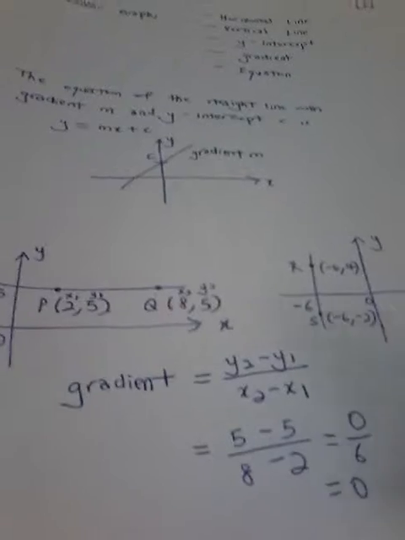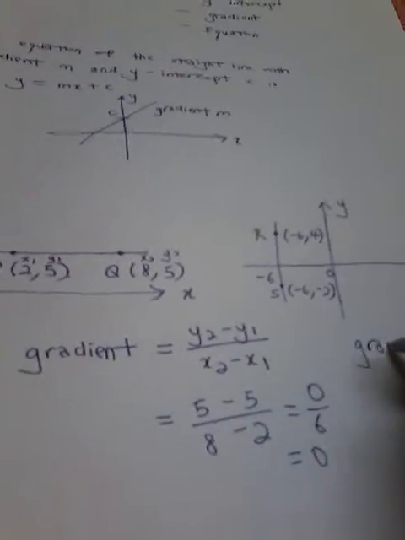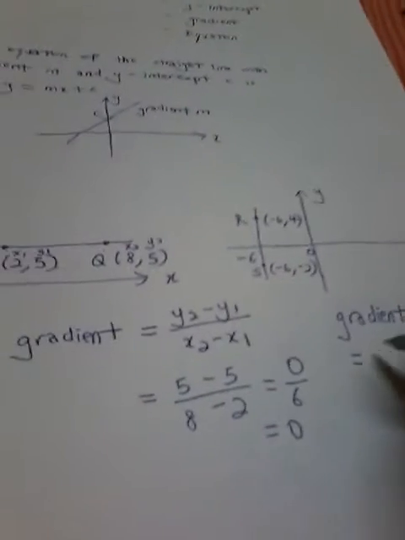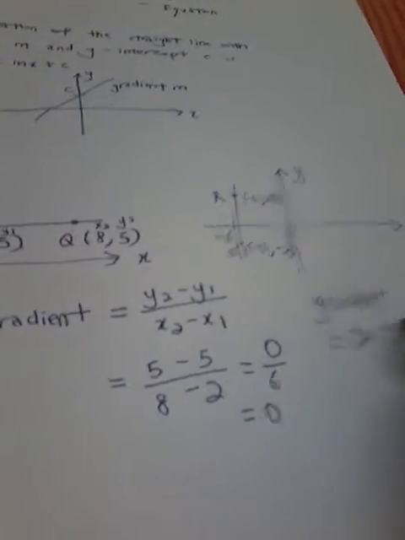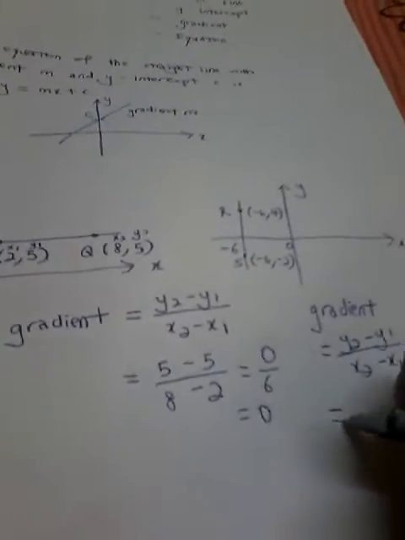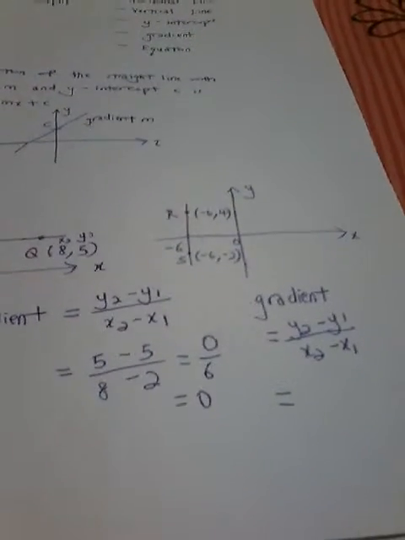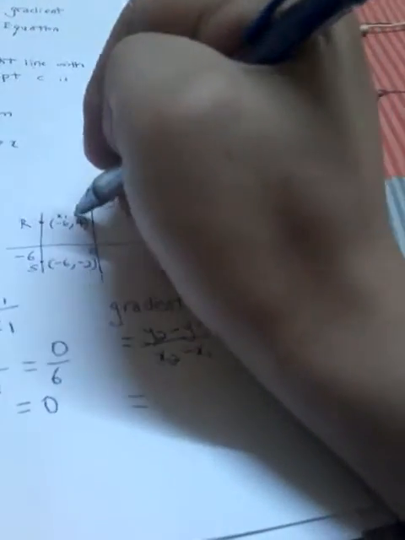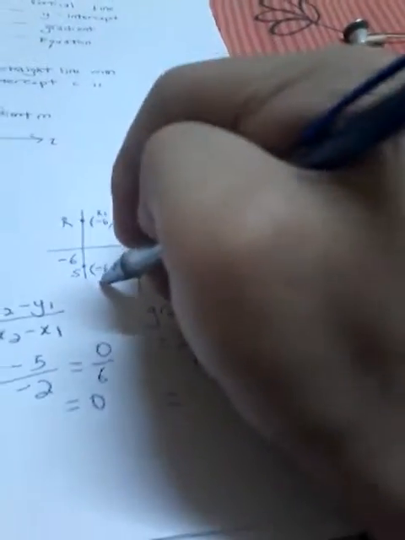Let's see, same thing. The gradient is equal to y2 minus y1 over x2 minus x1. Identifying, this is x1, this is y1, this is x2, this is y2.